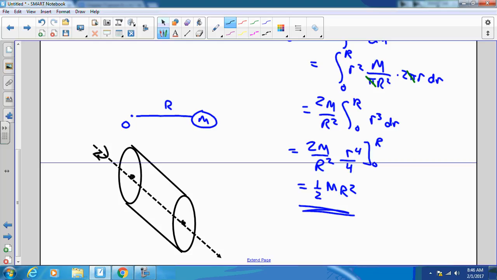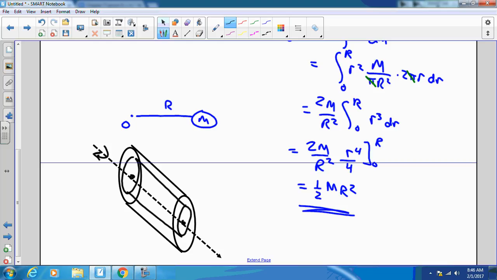When it goes around like that, if I take my mathematical knife and slice like this, all the way down, so that my dm is a cylindrical shell like that, all of the points along this length right here are all at the same radius. So they're all going to go around together.